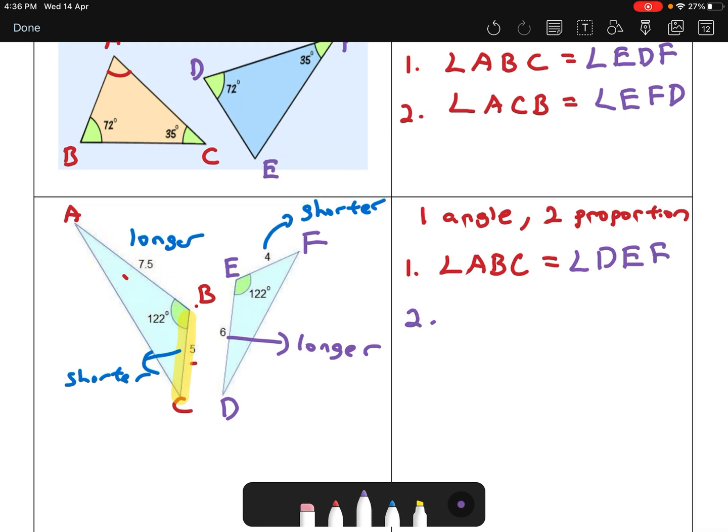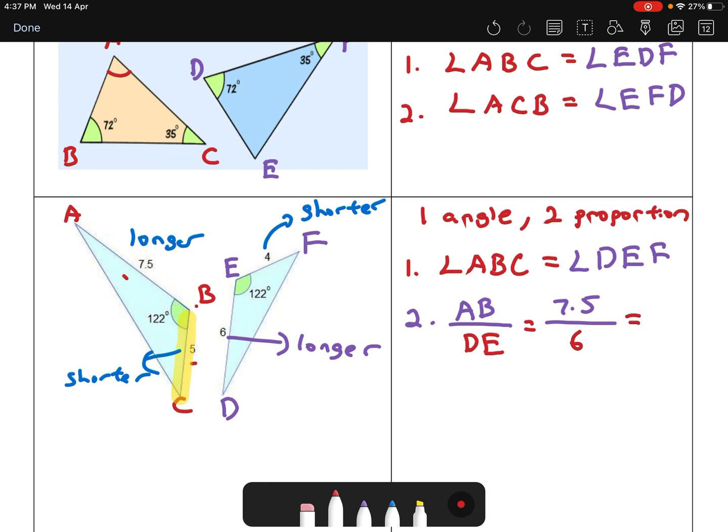Number 2. Let's say I want to deal with the longer side, AB divided by DE. AB has a length of 7.5 centimeters, DE has a length of only 6 centimeters.